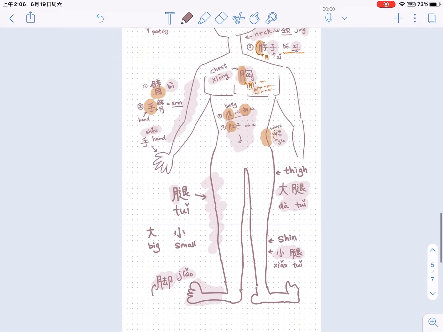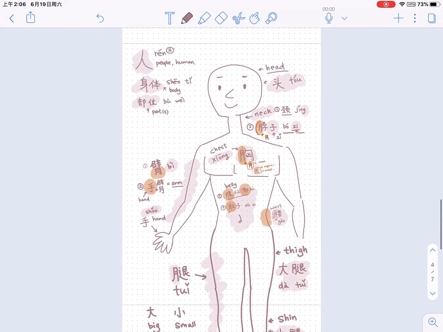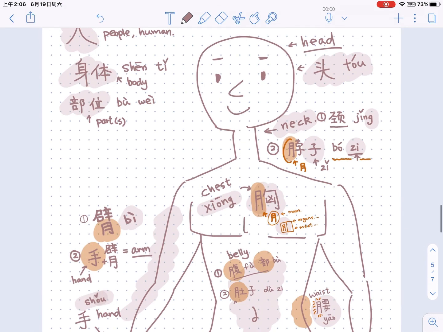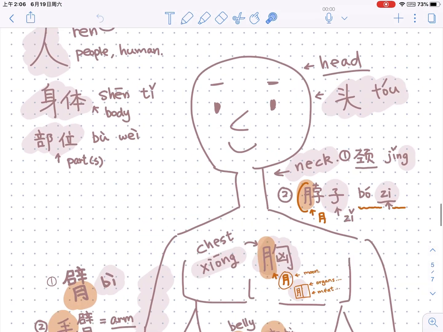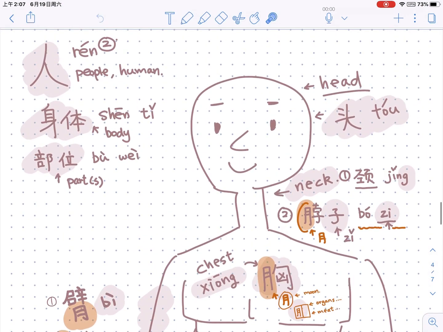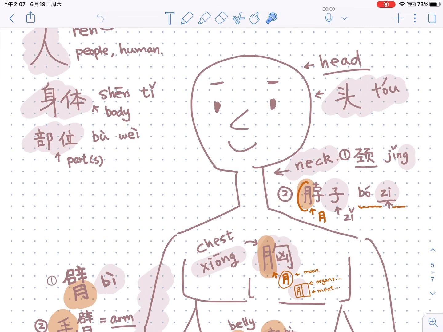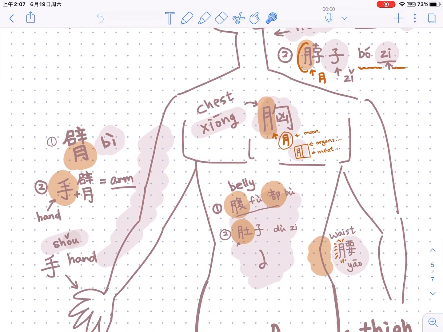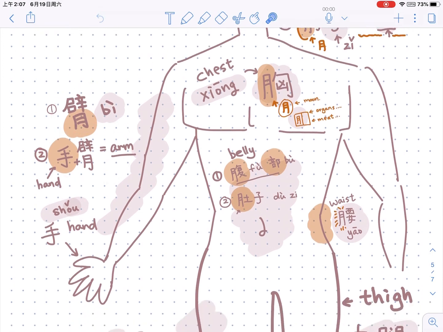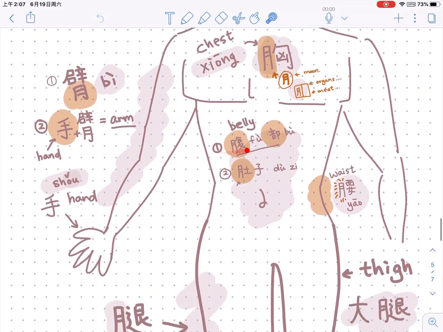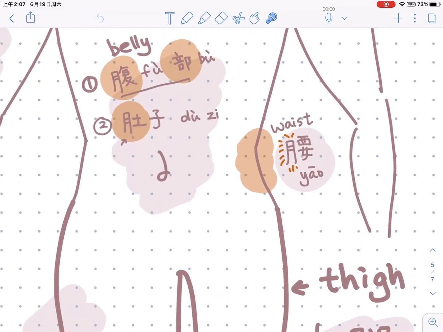Okay, so I think here we have finished all the parts that you need to know about a human in Chinese. Okay, let's just have a quick review. We have 人, 身体, 部位. We have 头, we have 颈, we have 脖子, we have 胸 here, and we have 臂, 手臂, 手, 腹部, or 肚子, which is much more commonly used.